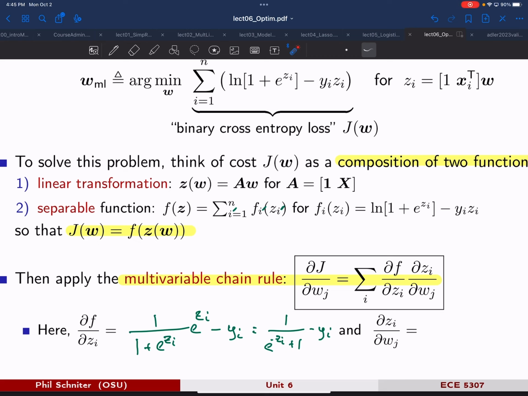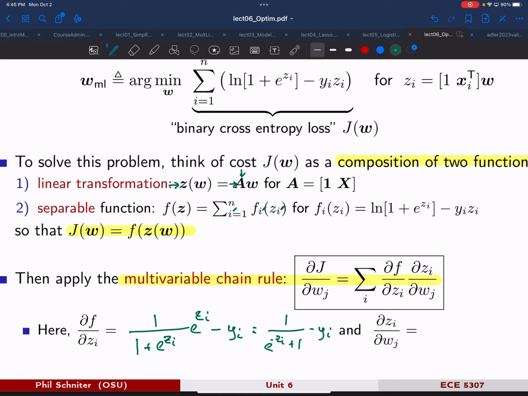All right, what about this dzi dwj? We have to look at this equation here. If we're focusing on zi, we're looking at one particular element in that column vector, which means we're looking at one particular row of A. And then we're also looking only at wj, which is one particular element here, which will look at the corresponding column there.